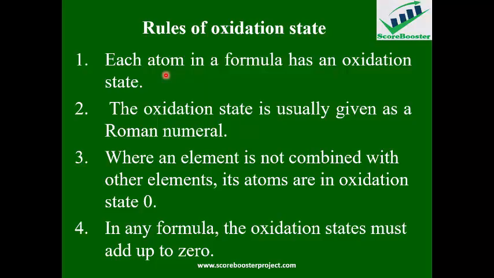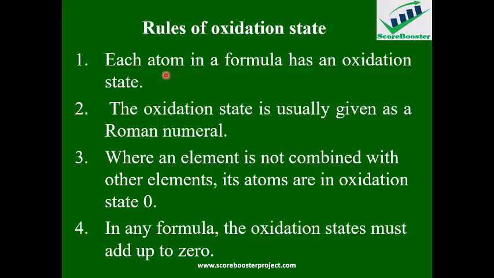Then the last one, number 4: in any formula, the oxidation states must add up to 0. What this means is this: you have a formula, let's say sodium chloride, let's say HCl, let's say HNO3. The oxidation state of each of the elements combined together must add up to 0.